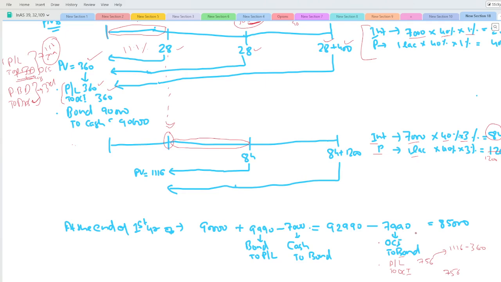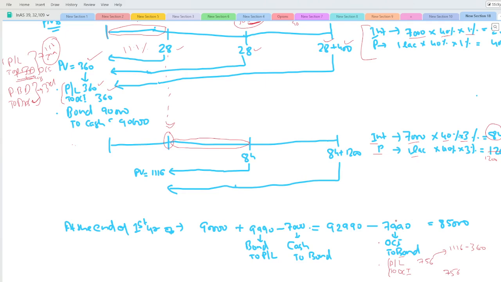So how much will you be transferring to the P&L? So P&L to OCI, this is for the loss allowance. Because you are having a reduction in your fair value, correct? Fair value of this much. And out of this, how much of this reduction is because of impairment?